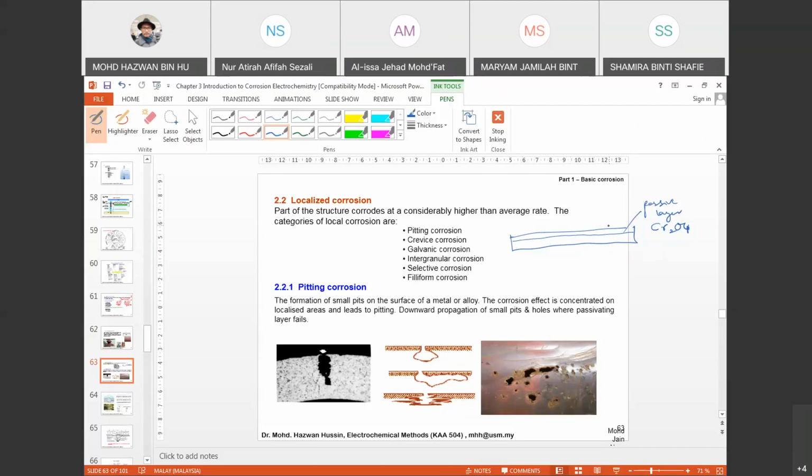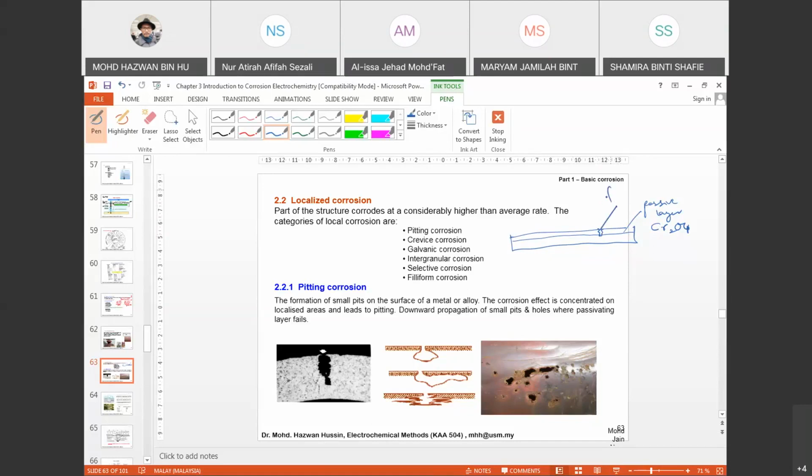This layer is quite resistive and cannot easily be penetrated. But if there is some failure, like a scratch or cracking, then it will provide cracks.